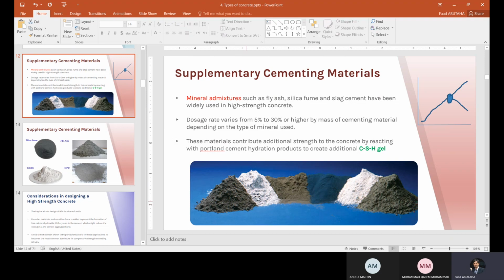So they collect it, they sieve it, and they start to use it in the cement. So what's special in this material? Why especially this material, which is a waste and byproduct material? What's special is that it contains a high amount of silica.